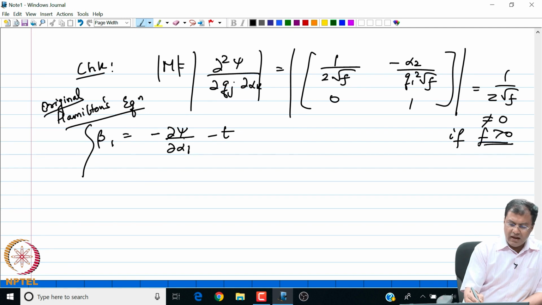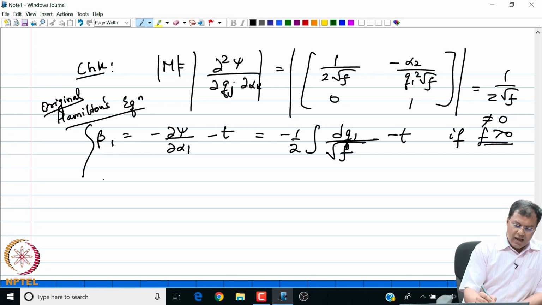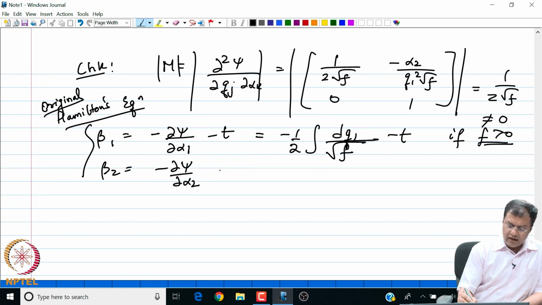I just plug in the value of ψ, and after plugging it in I get negative half, still left in the form of the integral, of 1 over square root of f, minus t. And β2 is negative ∂ψ/∂α2, and again I keep it in the form of the integral.